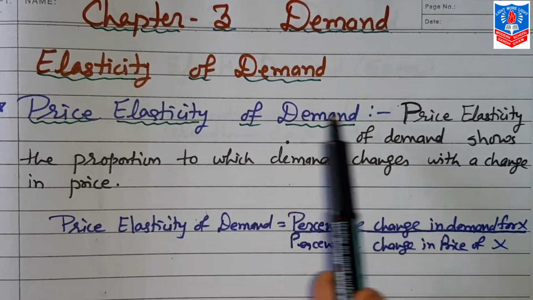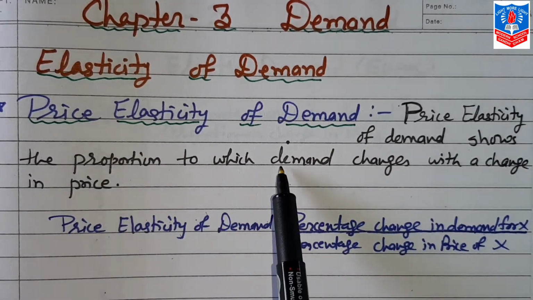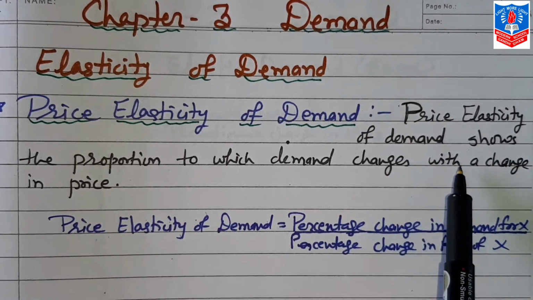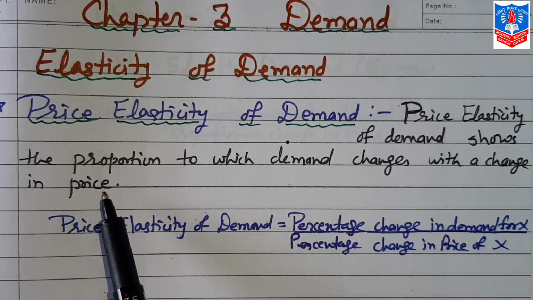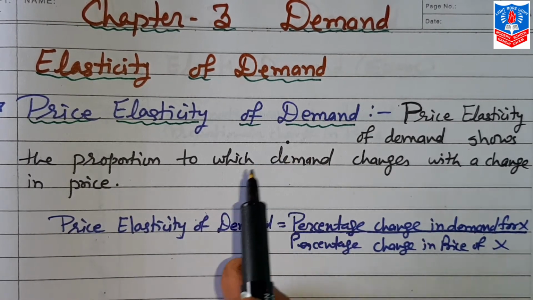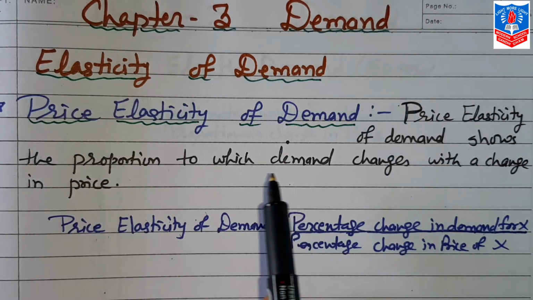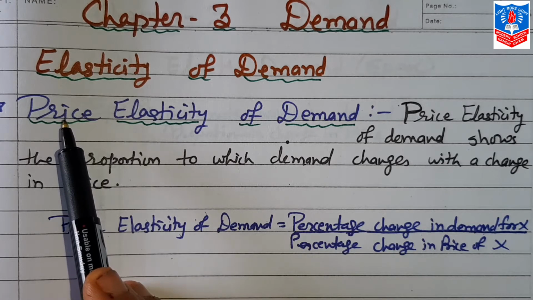Now this price elasticity of demand shows the proportion to which demand changes with a change in price. Because of change in the price only, forget about other factors, that we will do in the next session. Here we will concentrate on price only.